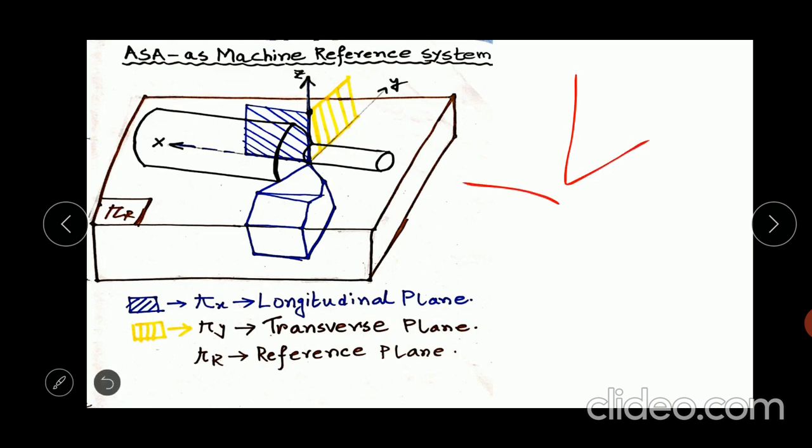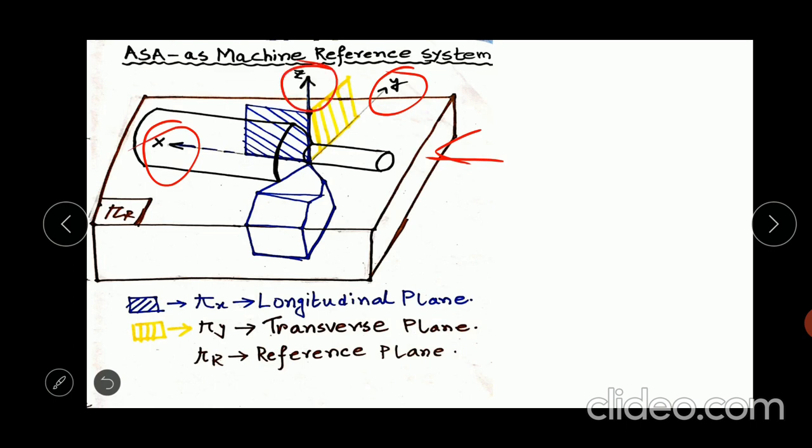One is the x axis, y axis and z axis, as the picture shows. This is the y axis, this is the x axis which is collinear with the major axis of the workpiece, and this is the z axis.